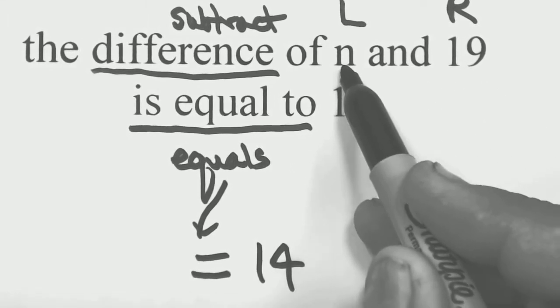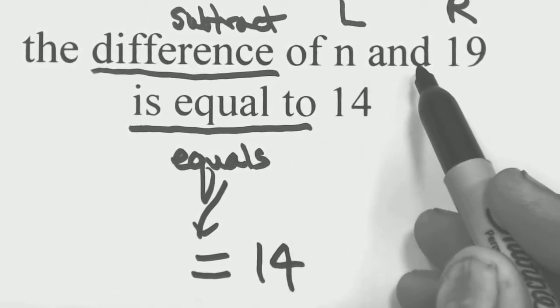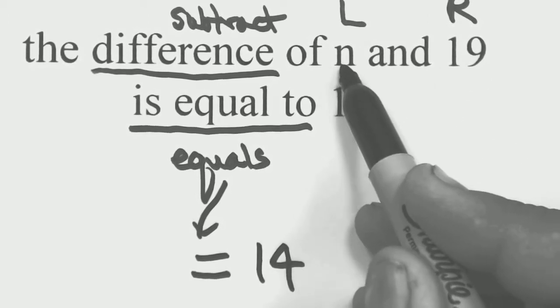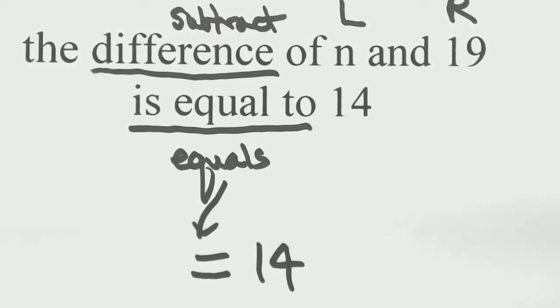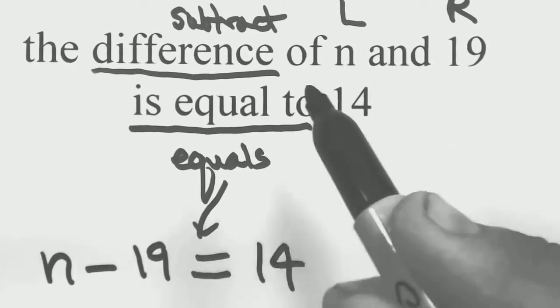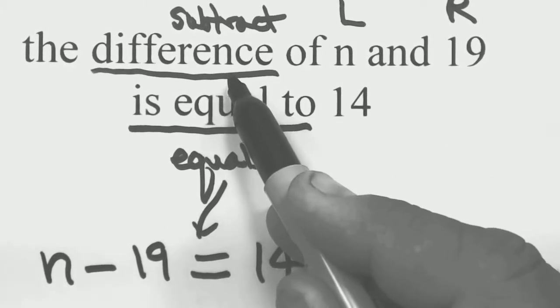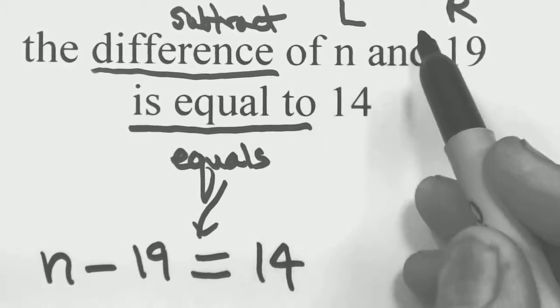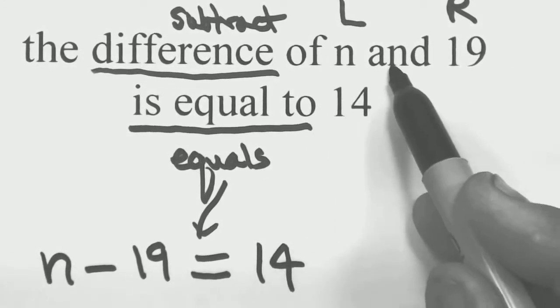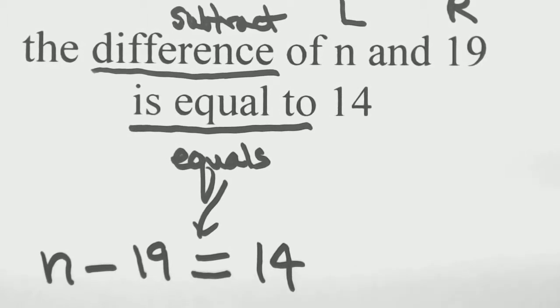So the minus sign goes in between. This will be n minus 19. We assume correct left to right order. Difference is the only word in subtraction where you assume the numbers are given in correct left to right order. So we'd go n minus 19.